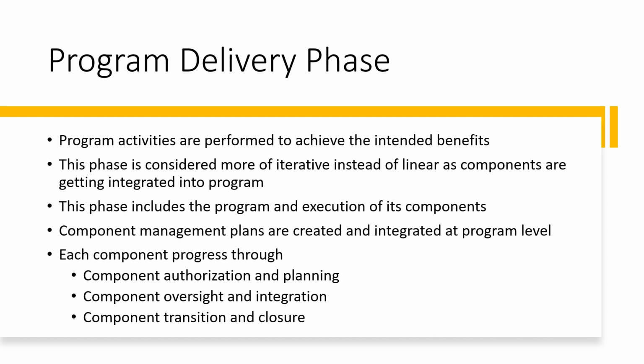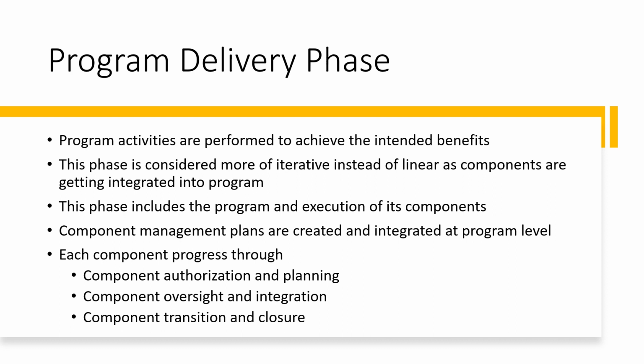Let us try to understand in detail what the program delivery phase is and what activities are involved. In this phase, program activities are performed to achieve the intended benefits. In planning and formulation, we understand the expected benefits, and in the delivery phase we execute the activities to achieve those intended benefits.